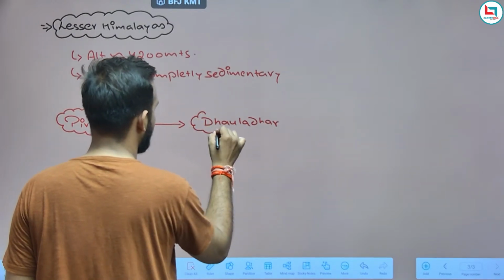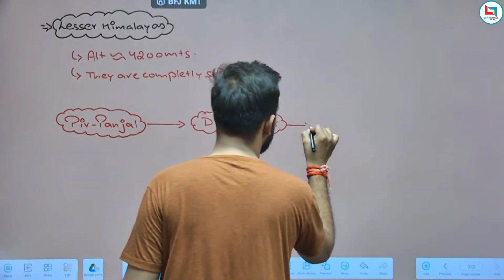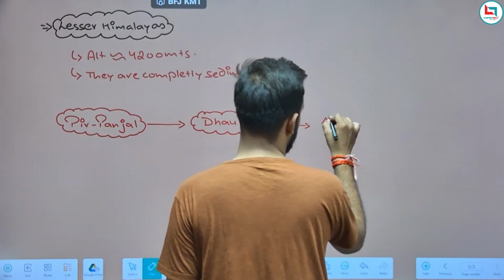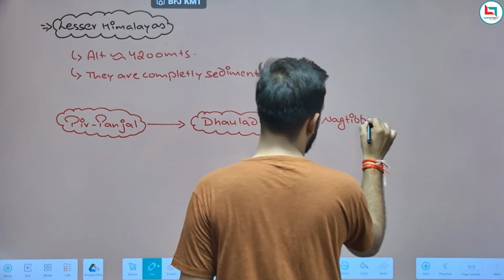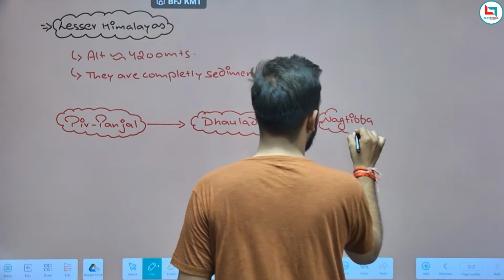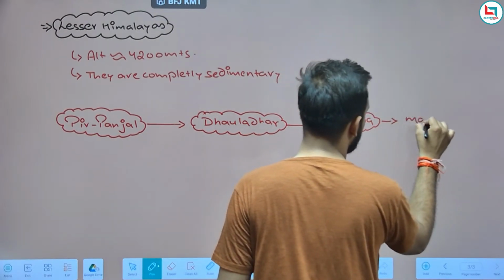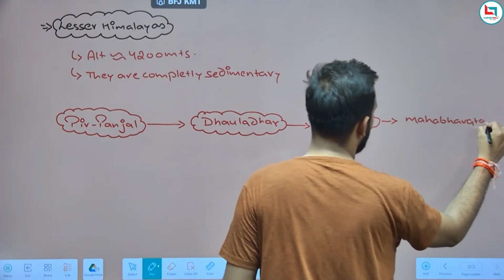After Dhauladhar, we have the next one, known as Nagatibba. Next, after Nagatibba, we have the Mahabharata.